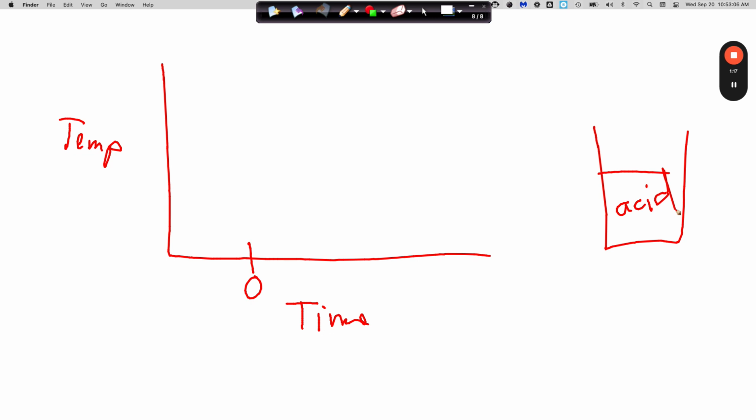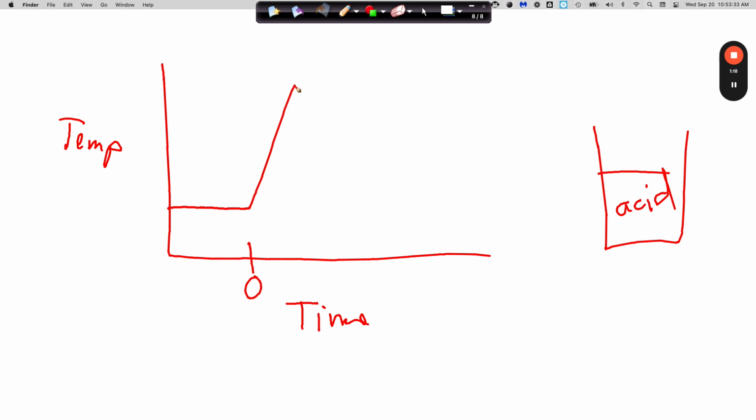The same. But then guys, when you mix these together, what's your graph going to look like? Well guys, we're going to assume that the temperature is constant, and it is, it's room temperature, until you dump these together. And then guys, what are you going to see? You're going to see the temperature go, woohoo!